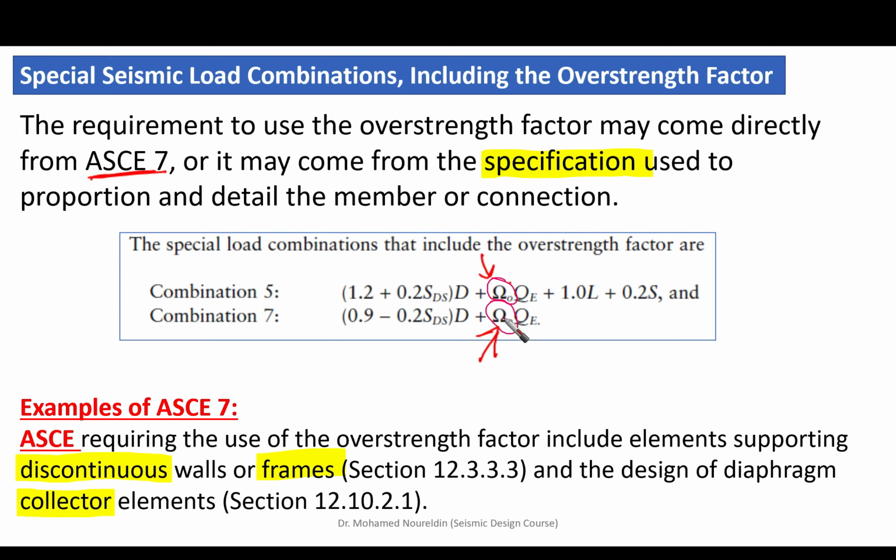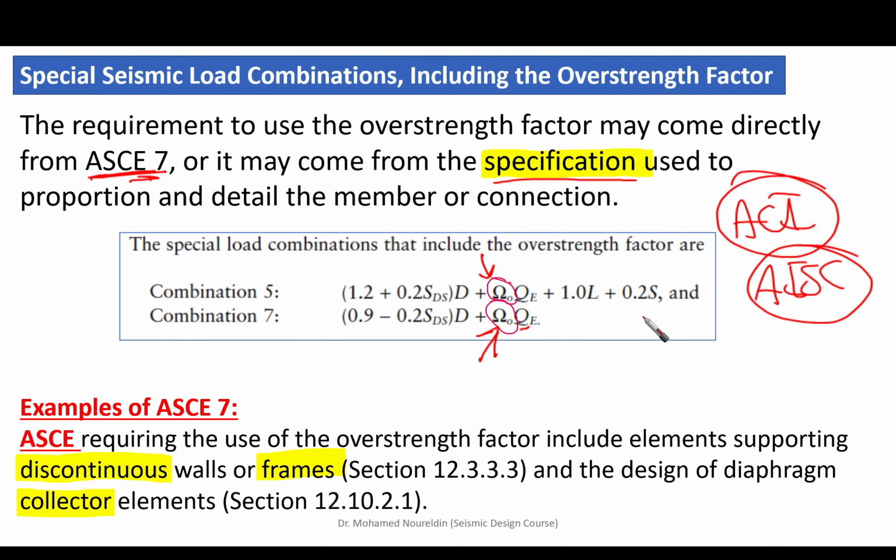It replaces rho here, and we have omega times QE. Maybe it would come from ASCE, or maybe it can come from another specification, a material specification like ACI or AISC. Maybe they stipulate some overstrengths.